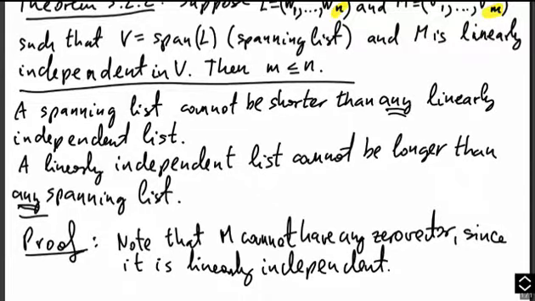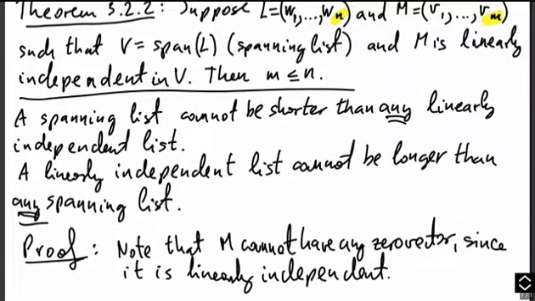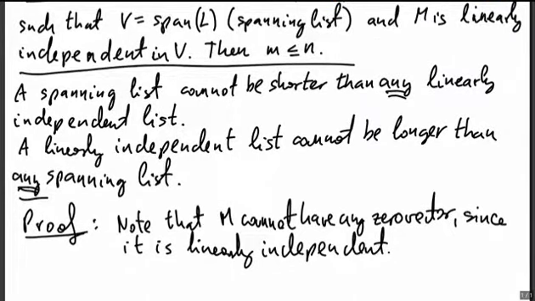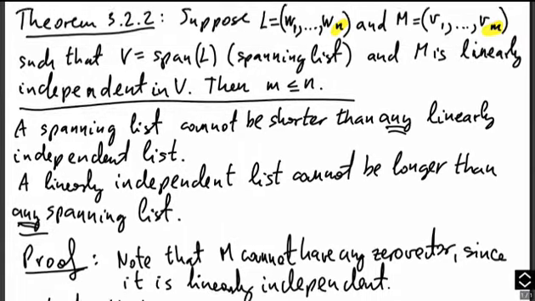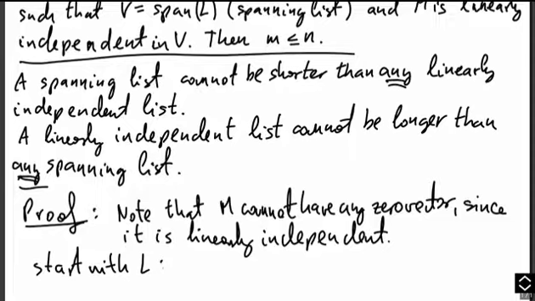To see the proof, first note that M is linearly independent, and we saw before that it cannot have any zero vector in it, because a zero vector makes every list linearly dependent. Starting with L, we have w1 through wn.